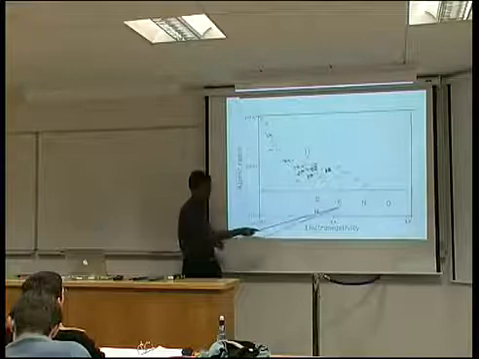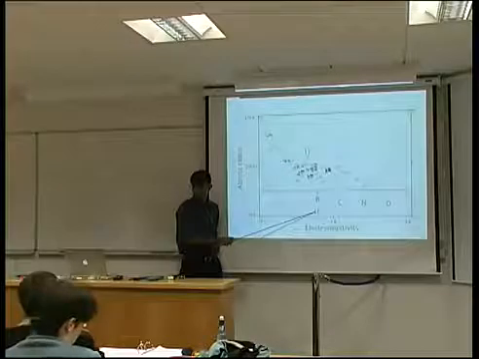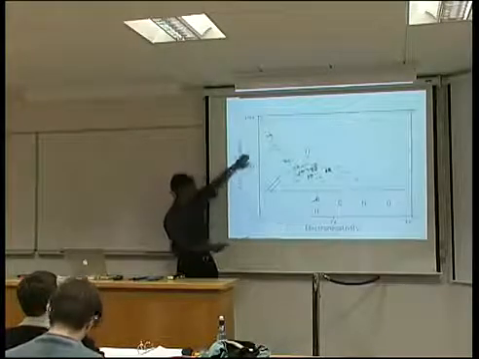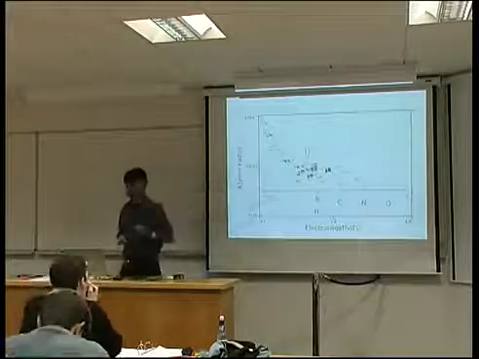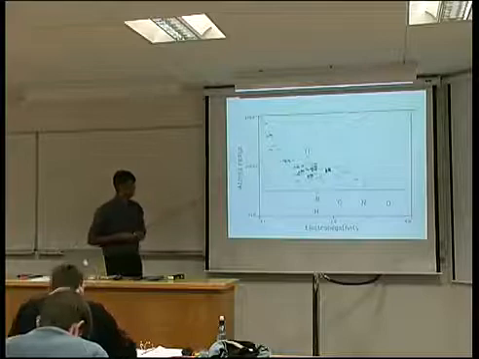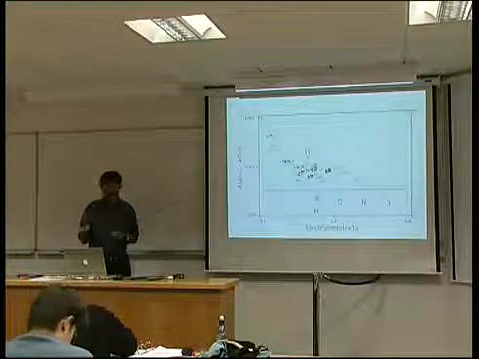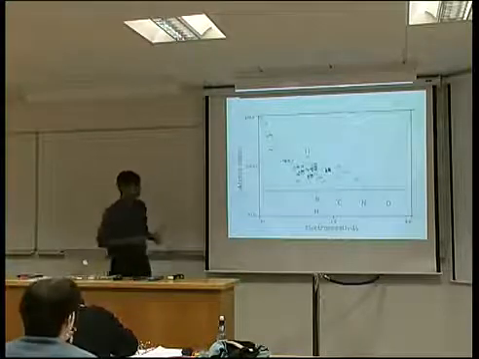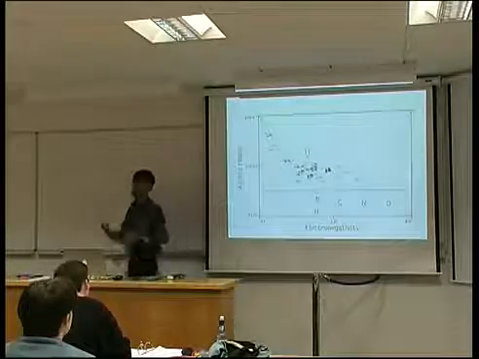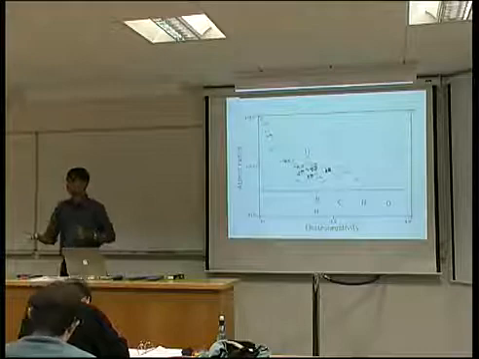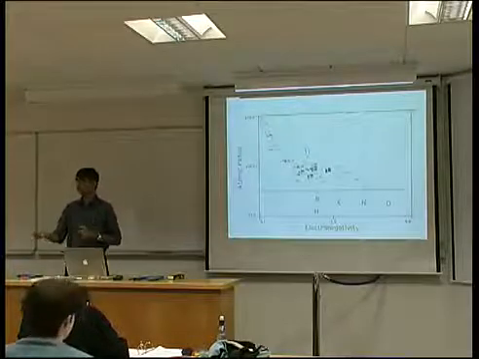So all of these elements dissolve interstitially because the radius is much less than that of titanium, less than about 0.6. And if the radius is between 0.85 and 1.15, then they dissolve substitutionally. So large atoms basically dissolve substitutionally, small atoms dissolve interstitially.